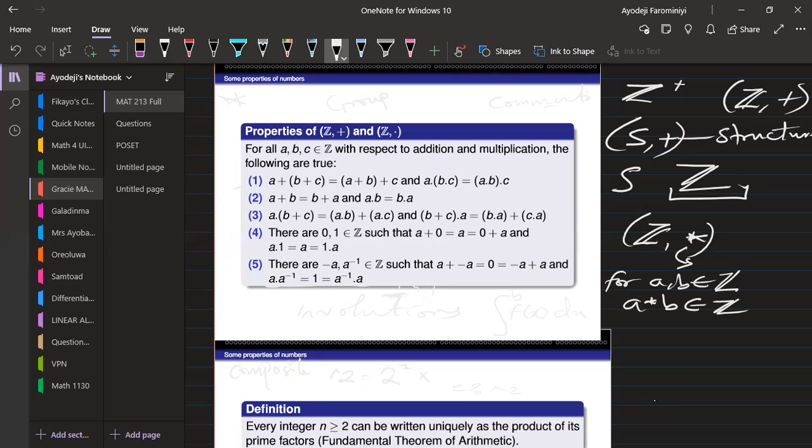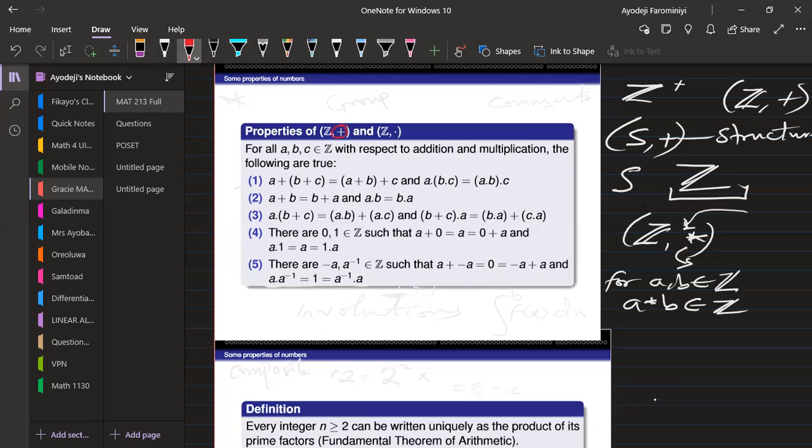Yes, sir. So some people add it to the definition of binary operation, which is more common, while some people leave it out. So in addition to all of this, we now have some other axioms, some properties that we can look into. In this case, our asterisk is particularly addition.